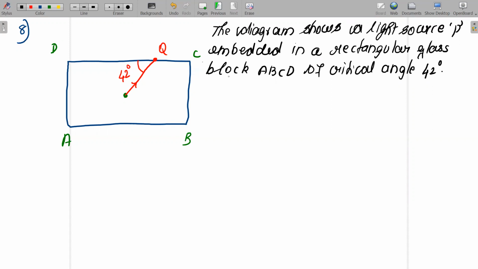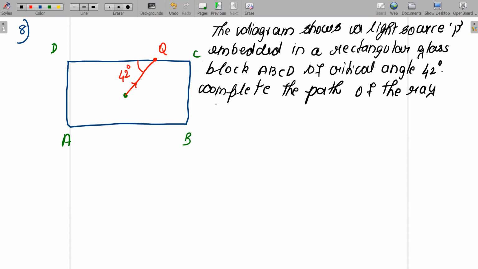Complete the path of the ray PQ till it emerges out of the block.